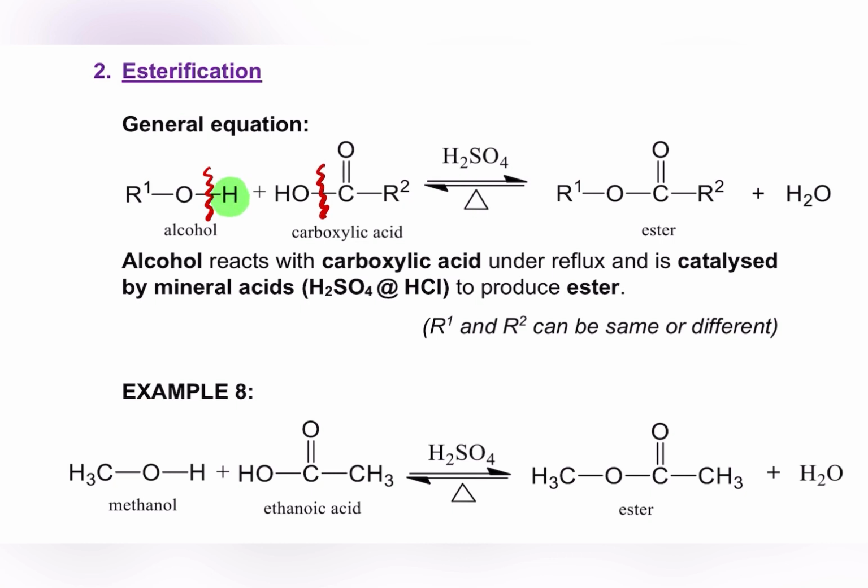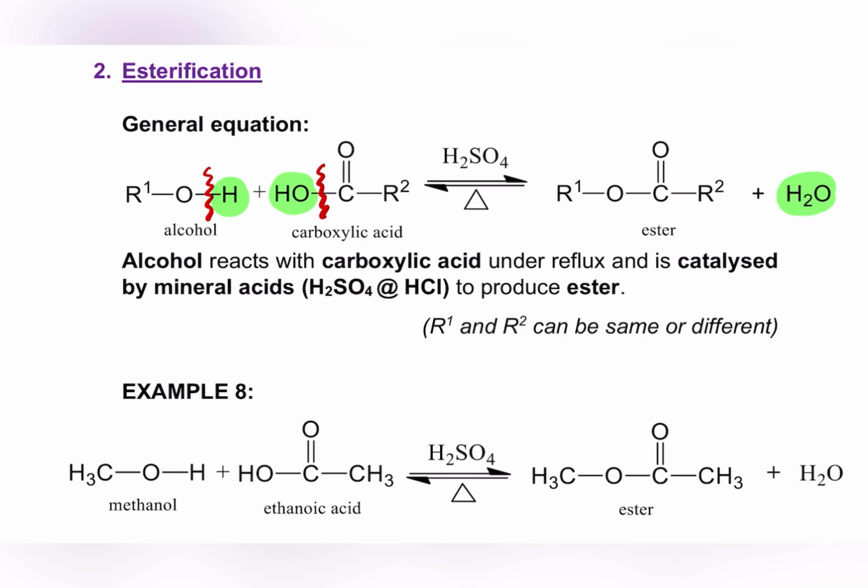Hydrogen from alcohol and OH group from carboxylic acid will combine together to form water, and the rest of the molecules will combine together to form ester. This is under reflux with catalyzed mineral acid. For example, we usually use HCl or H2SO4.